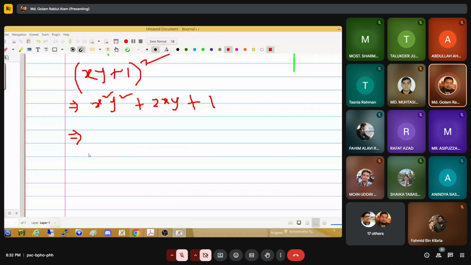Okay, so can we write this one as a vector of 2 elements?